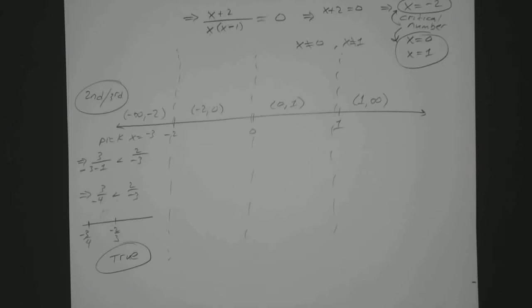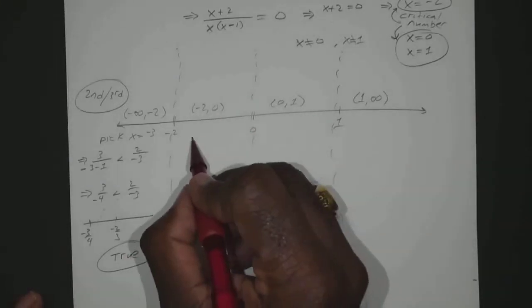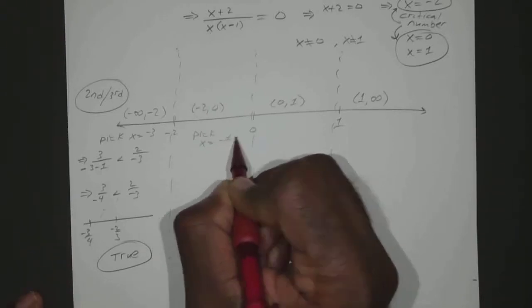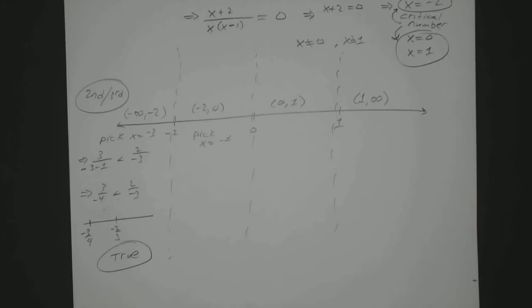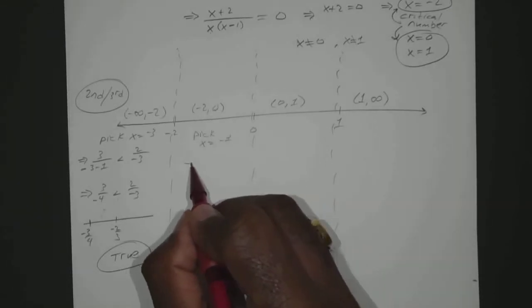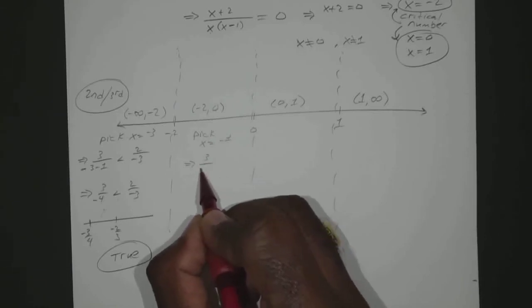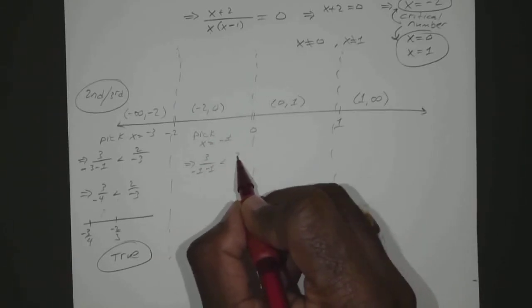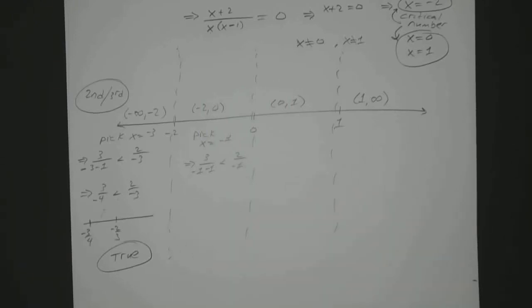Okay. So now we pick on the interval from negative 2 to 0. And in this case, we can't pick 0, so we have to pick something else. So we can pick negative 1. Okay, so if we pick negative 1, we have 3 over negative 1 minus 1 is less than 2 over negative 1.